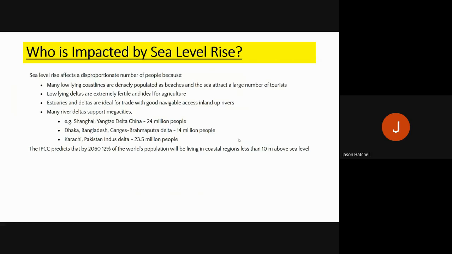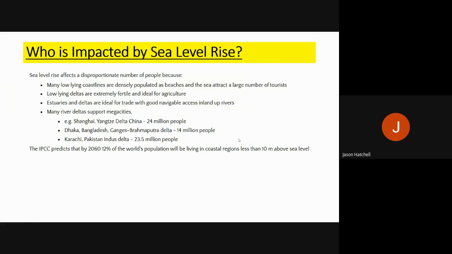Generally, you have rivers and deltas and estuaries where people trade through, particularly in LIDC and EDC nations, so they need river access. Generally, also, rivers support mega cities like Shanghai in China, for example, or Bangladesh, or Karachi in Pakistan.